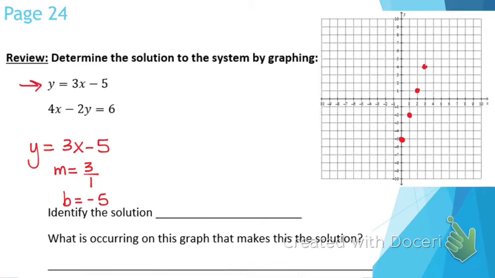So after you graph, I'm going to graph this first one in red. So this is the one I'm graphing right now. Go ahead and graph that. If you have your ID, you can use that as a straight edge. Go ahead and graph, make a straight line.